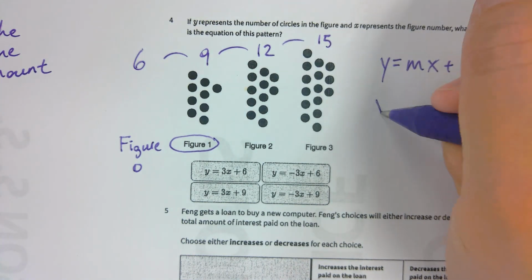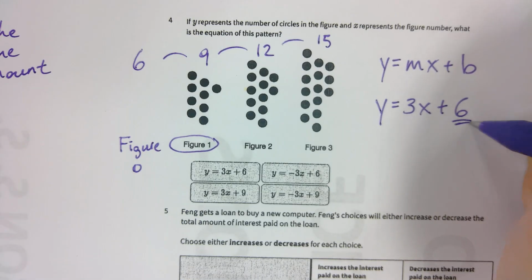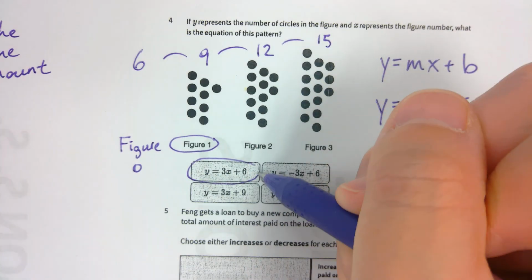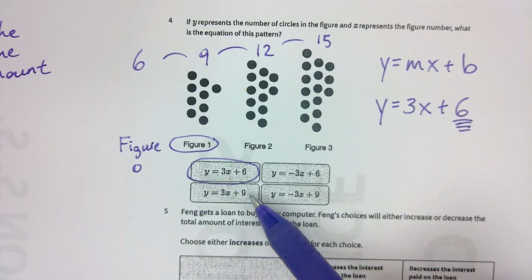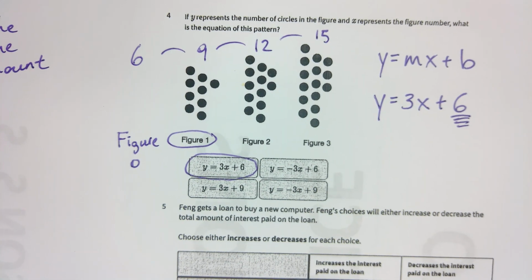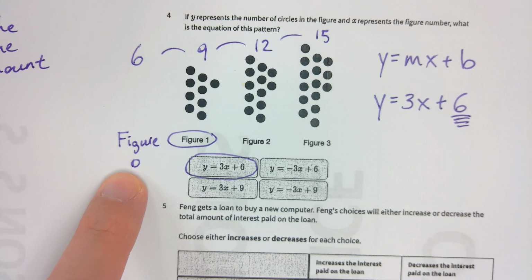So in this case, y equals 3x plus 6. Okay. And so this will be your answer. Okay. And not this one. So be very careful with this question. I've seen it every year, this one. So remember figure 0. You have to go back one more row.